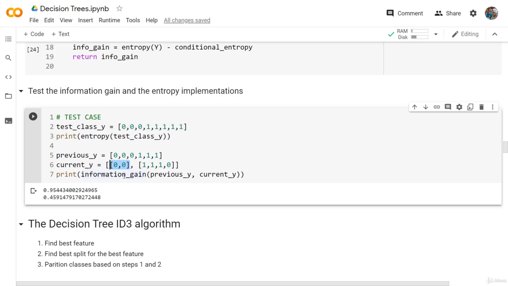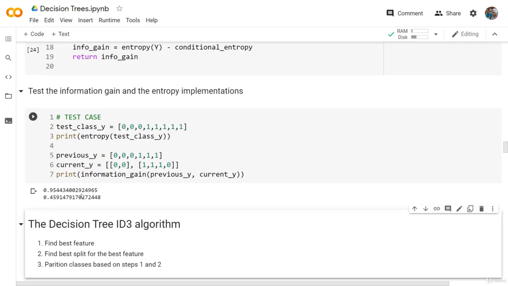So if I go to the left hand side of the tree, then the probability of being 0 is 1, right? Because it's either 0 or 0. But if we go to the right hand side, 3 out of 4 we are going to predict 1, and 1 out of 4 we are going to predict 0.